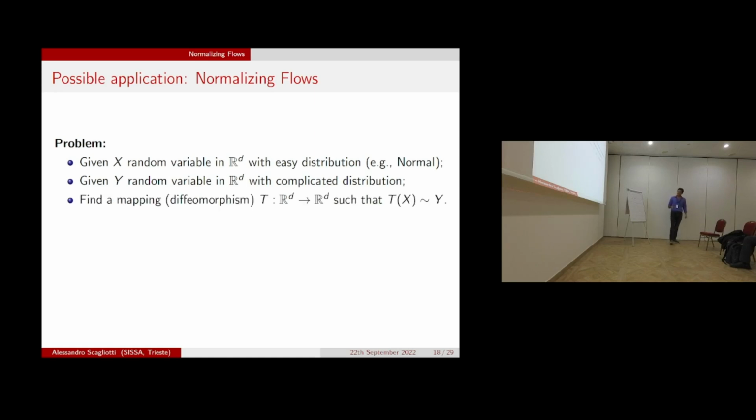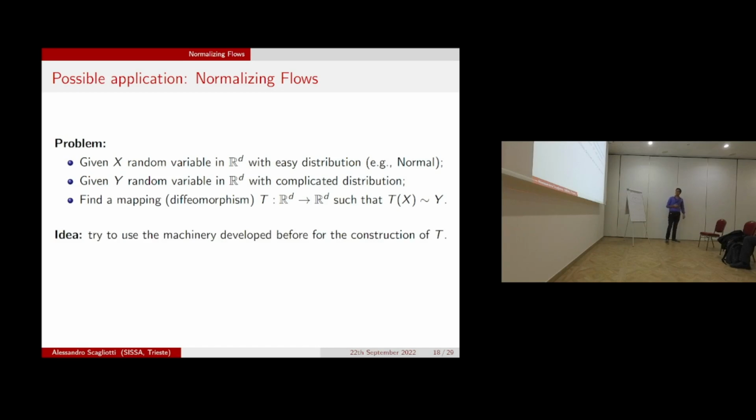Okay, what is the task? The task is to find a mapping, possibly a diffeomorphism, T such that the composition T(x) is distributed as y. If you manage to do that, essentially we can sample from y at a cheap cost, because we can just sample from x, compose with T, and consequently we are sampling from y.